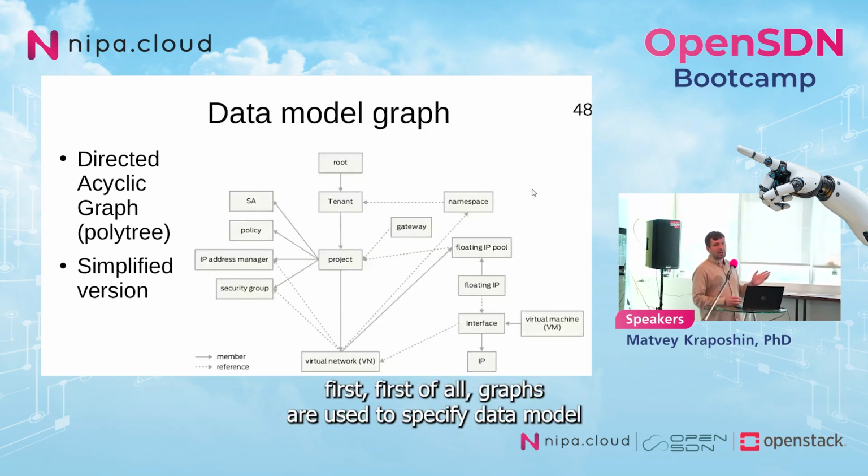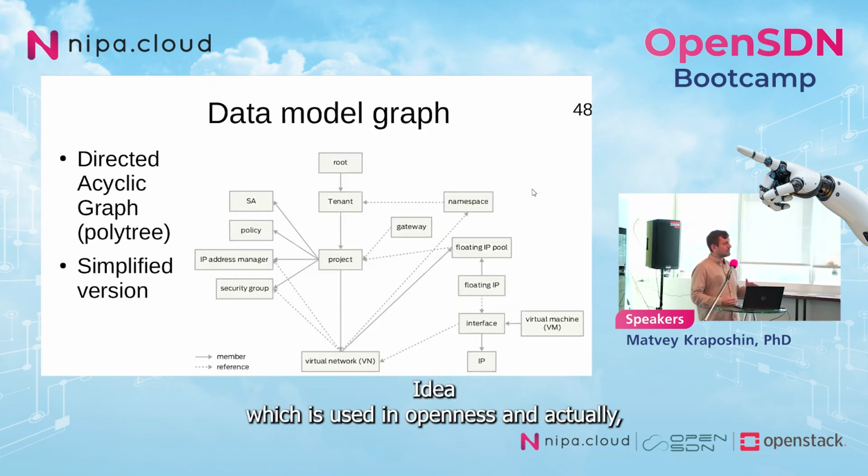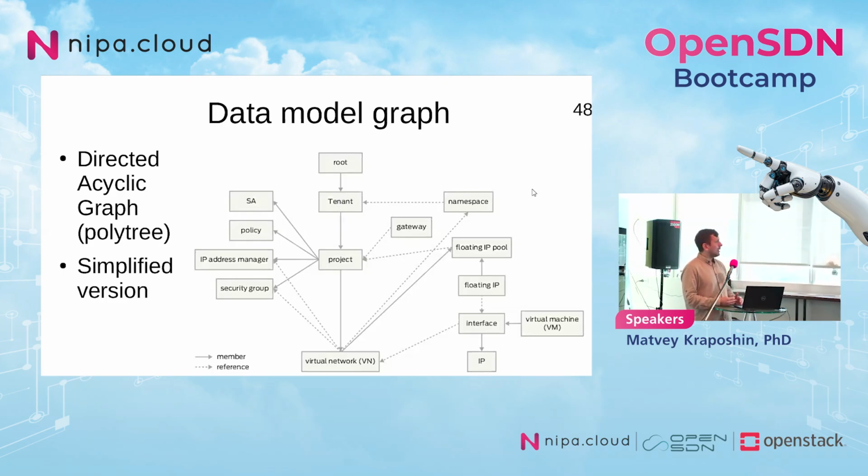First of all, graphs are used to specify the data model. The data model graph is a central idea which is used in OpenSDN actually. It's a directed acyclic graph, a kind of polytree, which has a single root and several children.